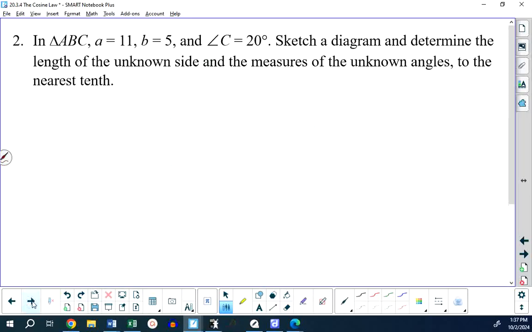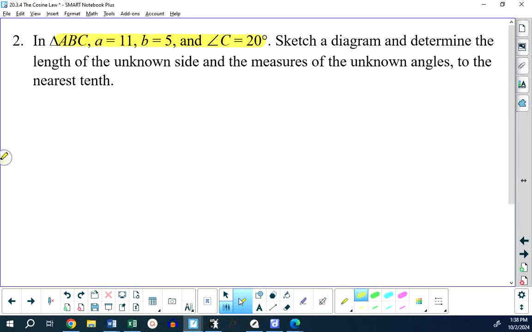Well, now we have to put this together. Well, we don't have to. How many of you can see that this is telling you two sides and the angle between it? I was going to say we have to put this together to get a diagram. If we wanted to find side C, just don't write this down necessarily, I will draw a diagram.